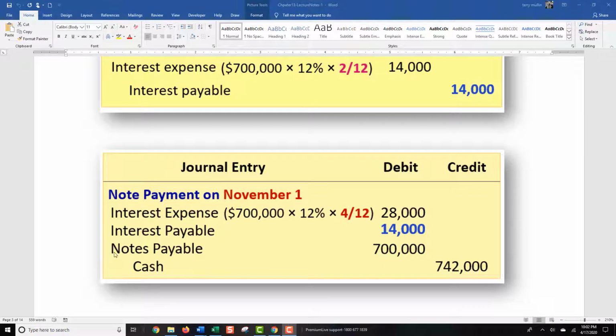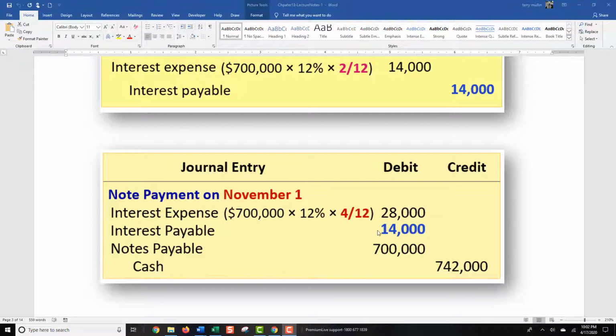You have to take the original notes payable of $700,000 off the books, and then you have to pay cash of the $700,000 you borrowed plus the 6 months worth of interest. So the $28,000 represents 4 months worth of interest.